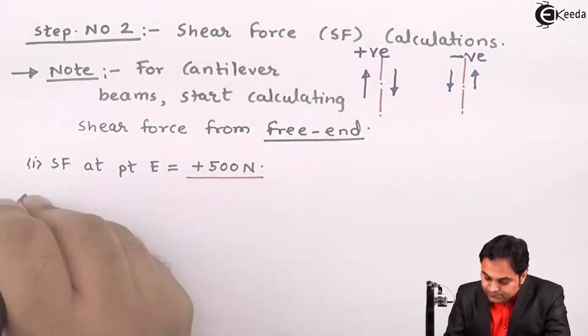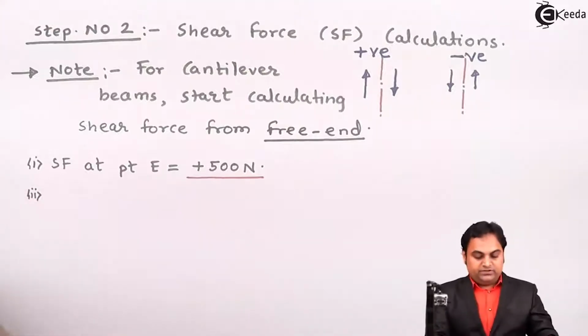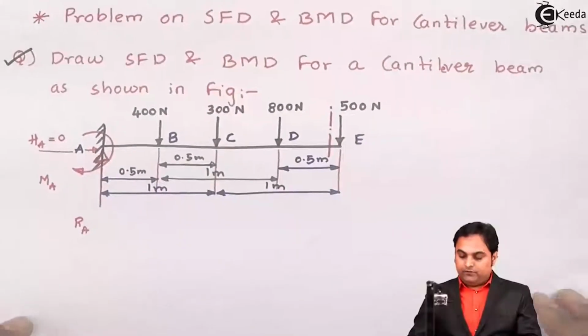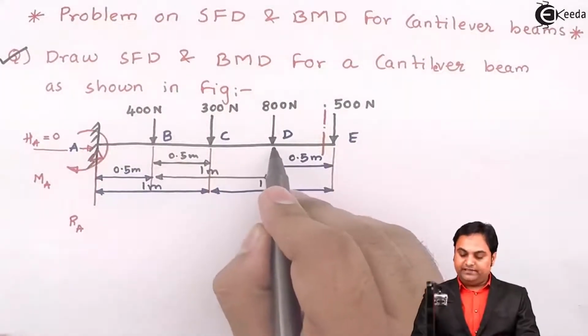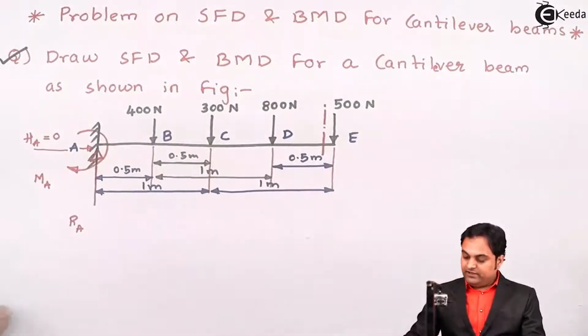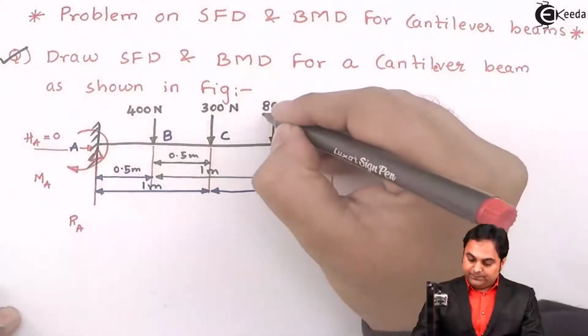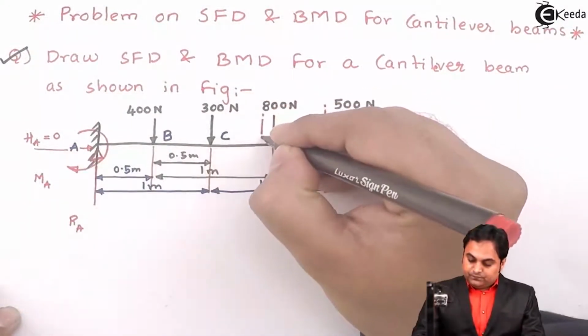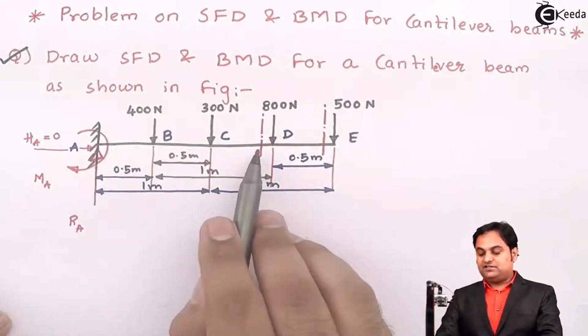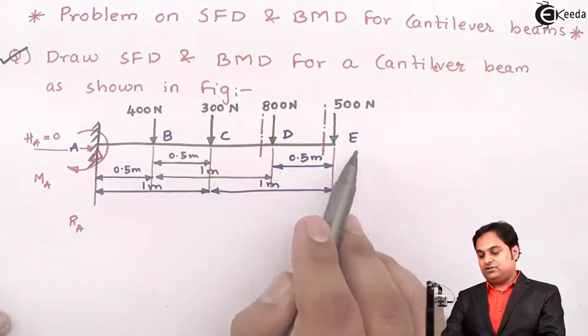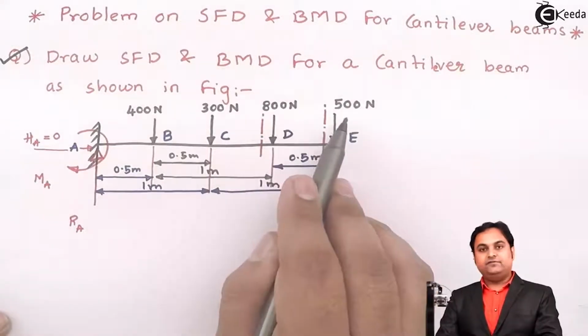Next, this shear force value will be constant from E to D, that is up to the right hand side of D. Next, if I take the section to the left of D, then the shear force will change. That is, here is the section, and on the right hand side of this section, there are two forces, 800 and 500.